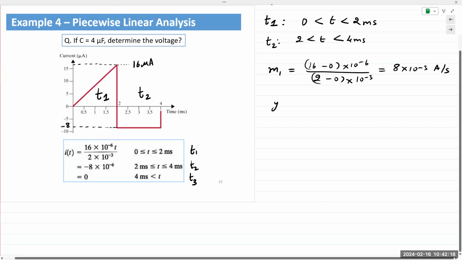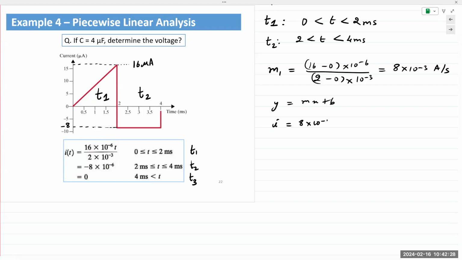And then y equals mx plus b. Equation for I is the slope times t. And b, of course, is 0. And that's my equation that describes the current for the first time period.